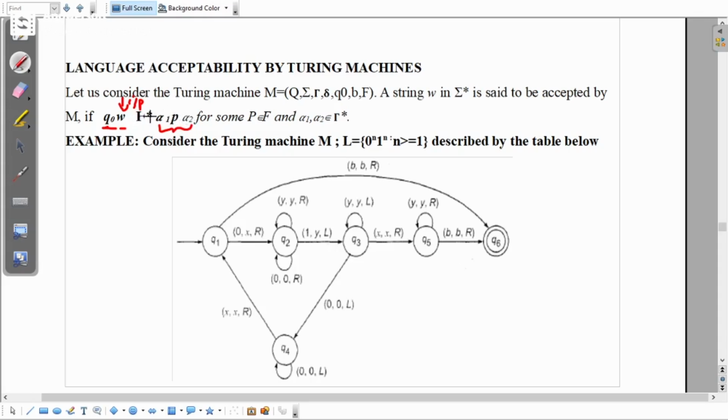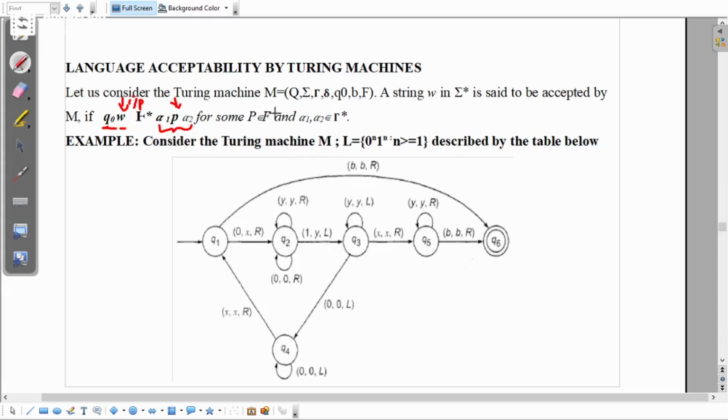Finally, after 0 or more steps you need to get this way, that is p should belong to the final states, and alpha 1 and alpha 2 need to be strings including tape symbols.